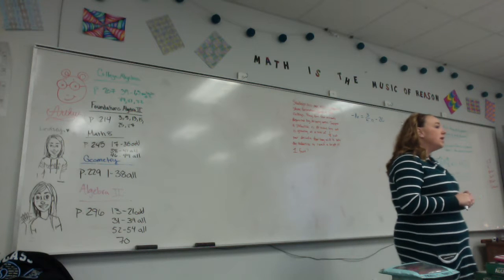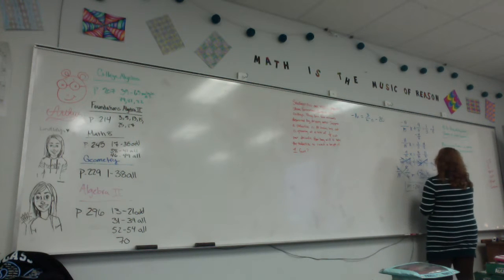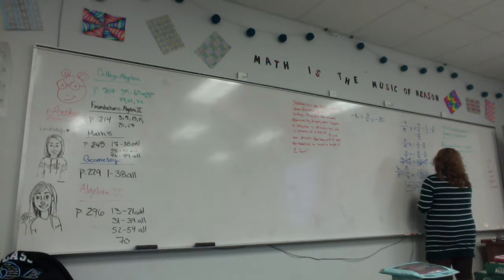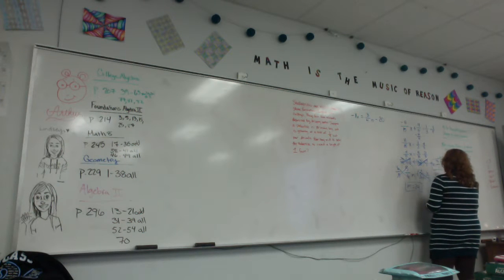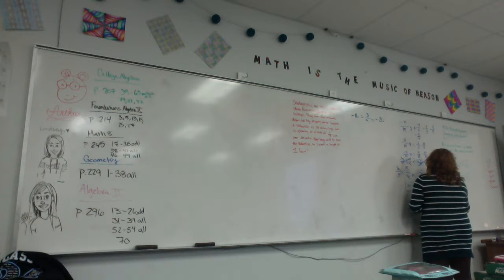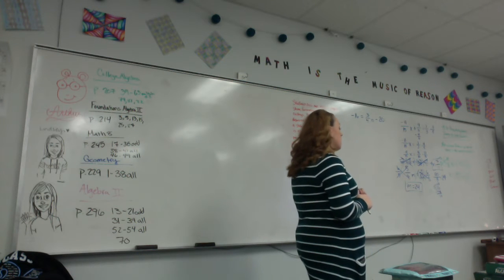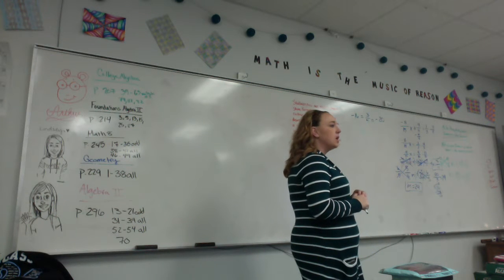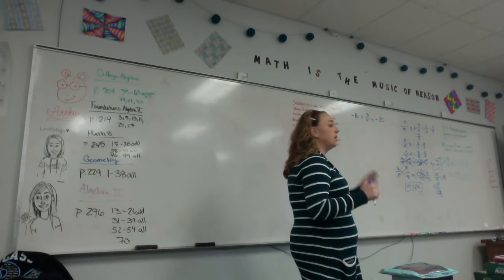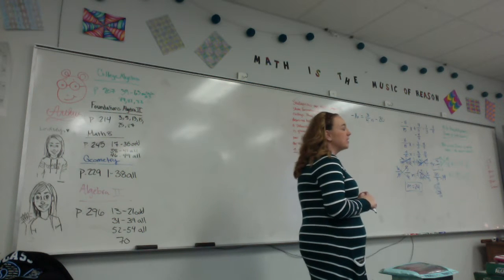Or you could have done it the other way. Either way is fine. I say reduce first because it makes your life easier. That's just my theory. Smaller numbers are always prettier.